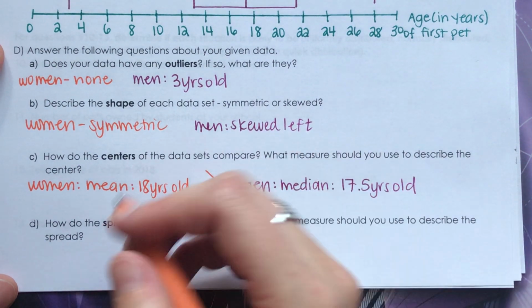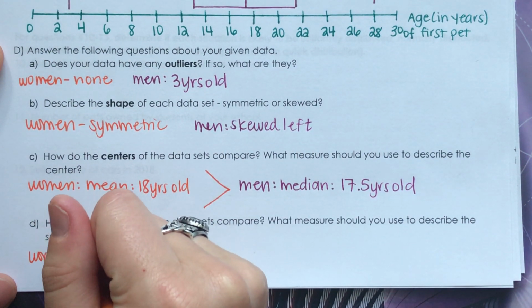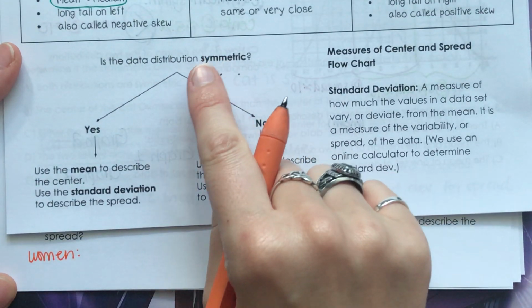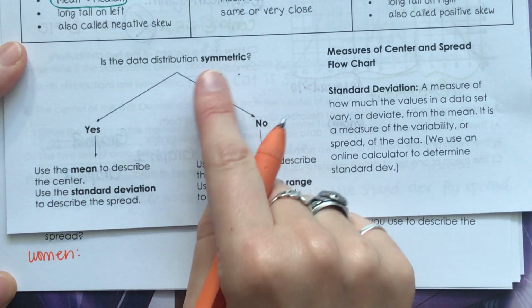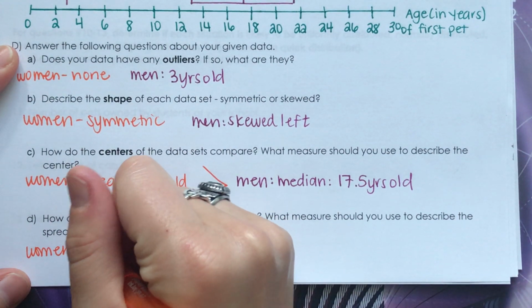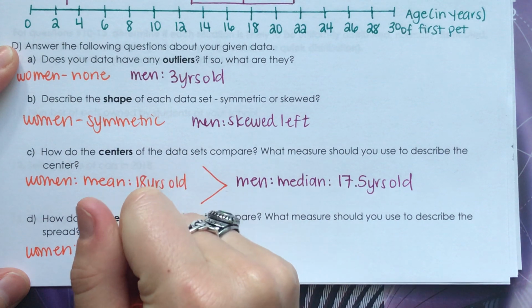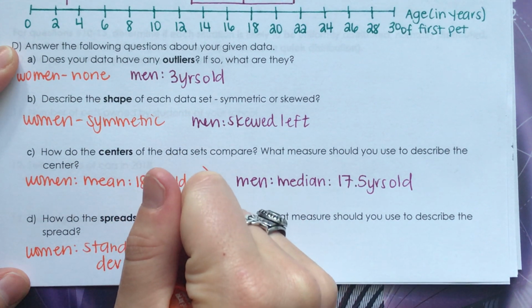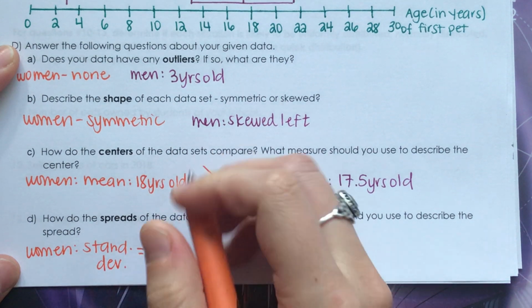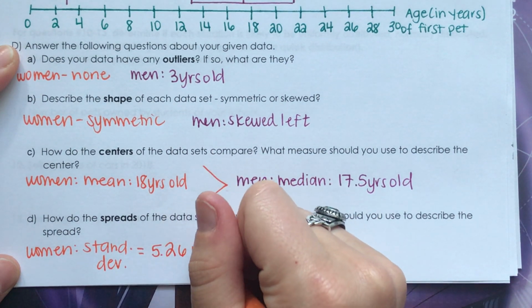Last one, spreads. For the women, this is symmetric data, so to find the spread, I'm going to use the standard deviation. The standard deviation for the women is about 5.26 years.